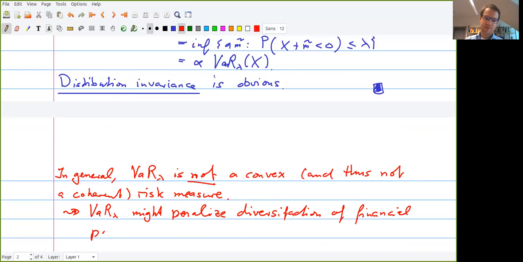And actually, we discussed this, and this seems to be a very natural property that if you spread your financial position over several assets, this should somehow reduce the risk of heavy losses. And the value at risk, there's a situation where this is not the case. The value at risk might assign you a bigger risk if you start splitting your capital, which is unnatural.